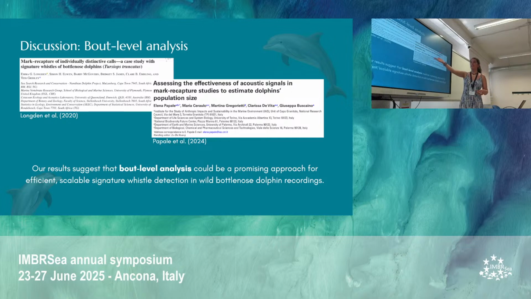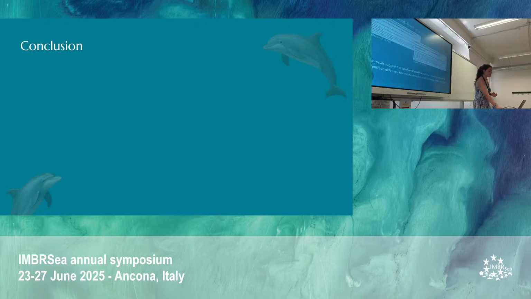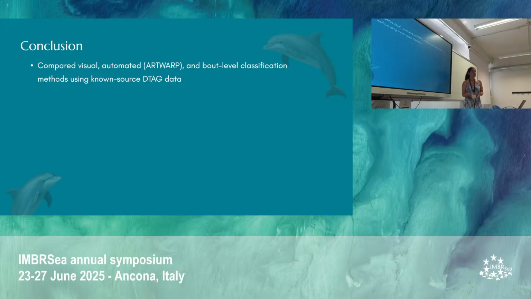In this case, Longer et al. used the same parameter values, and Papale et al. changed one of the parameters, the minimum number of whistles, to 6 to be more conservative. In conclusion, we compared visual, automated, and bout level classification methods using known source data.